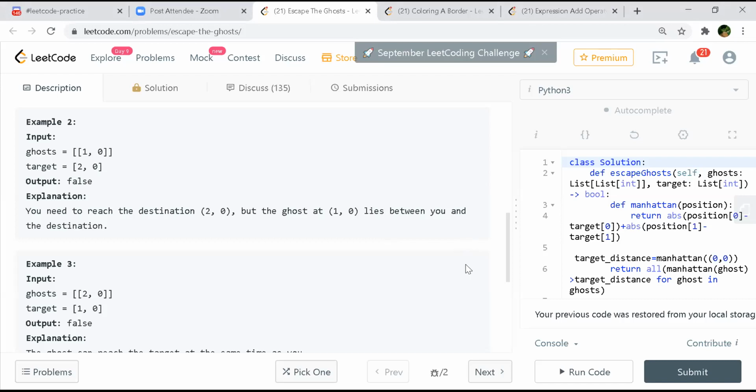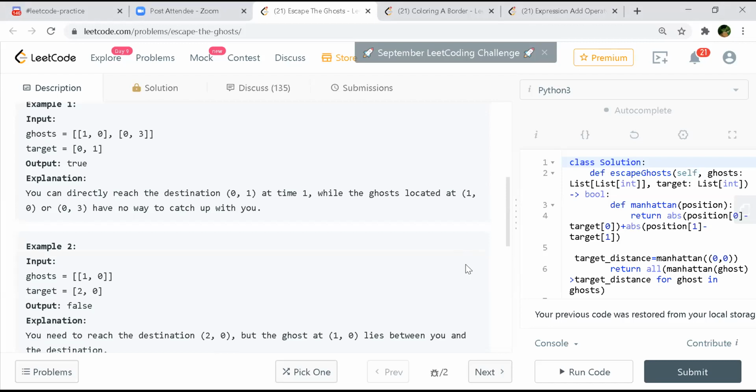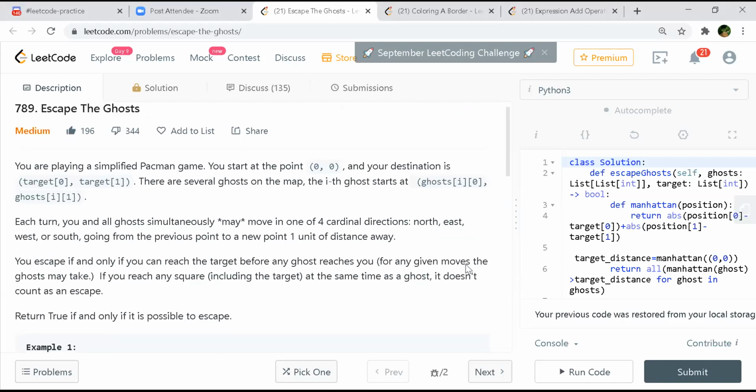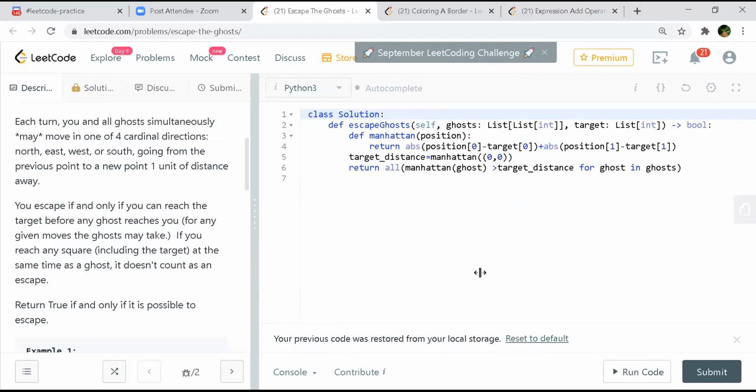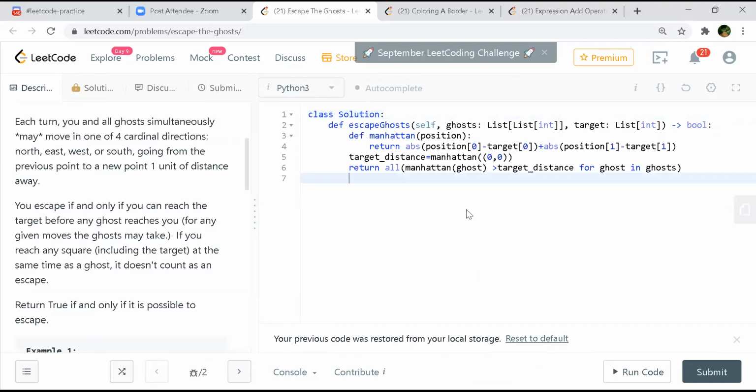Well, I'm not very clear about Manhattan distance. One step is Manhattan distance only, right? But how do you ignore the normal distance we find? I'll show you. This is the initial position and target difference, the Manhattan distance function definition, how we calculate it.